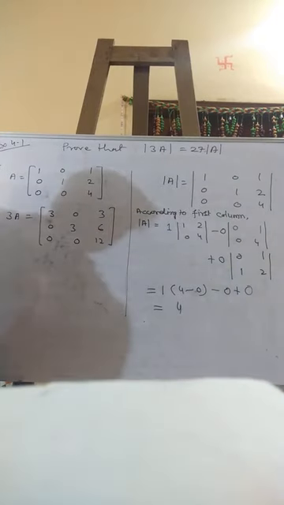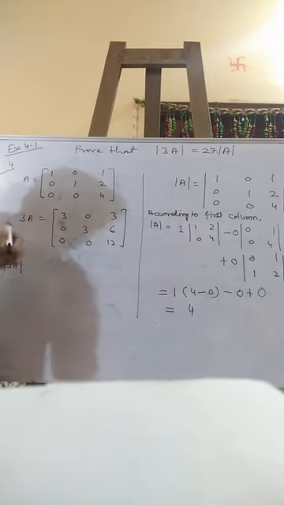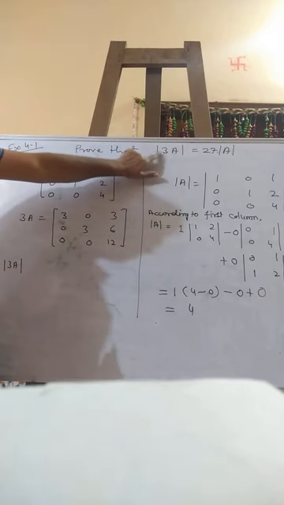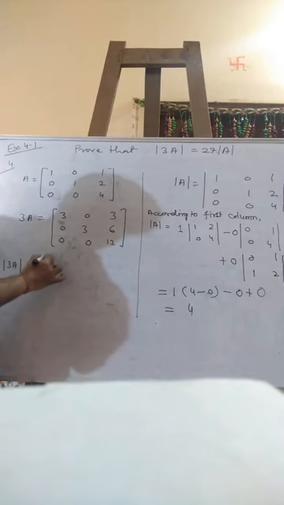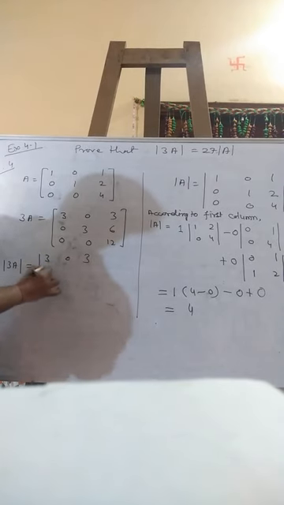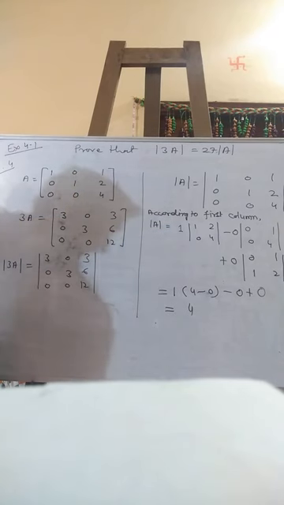Here is, we are going to find out now determinant of 3A, LHS. Determinant of 3A. So determinant value of 3, 0, 3, 0, 3, 6, 0, 0, 12. According to first column, again I am going to expand this one.